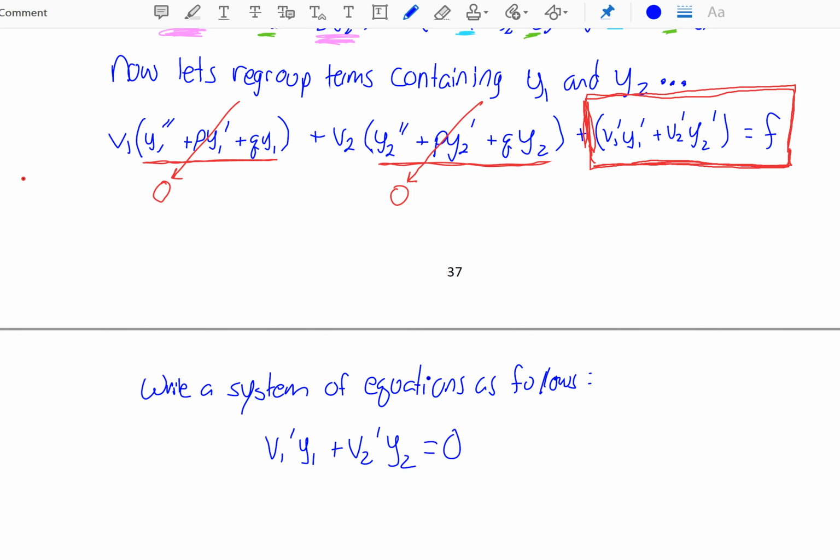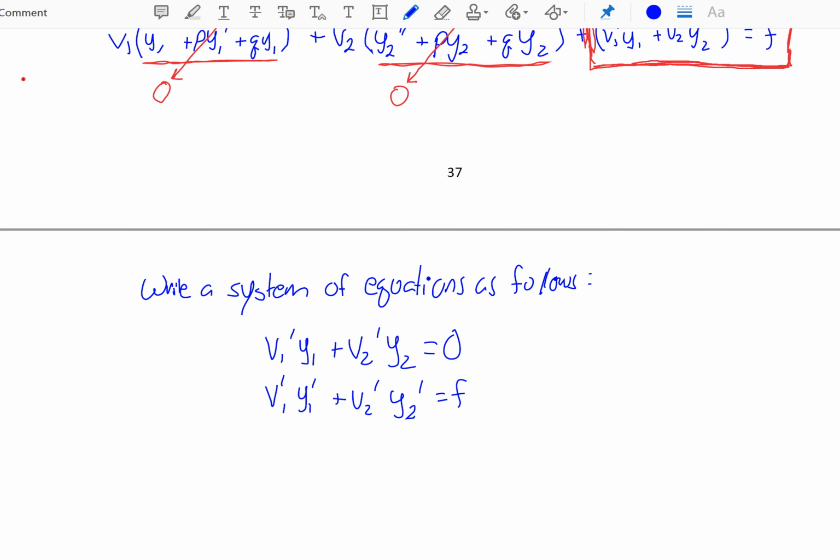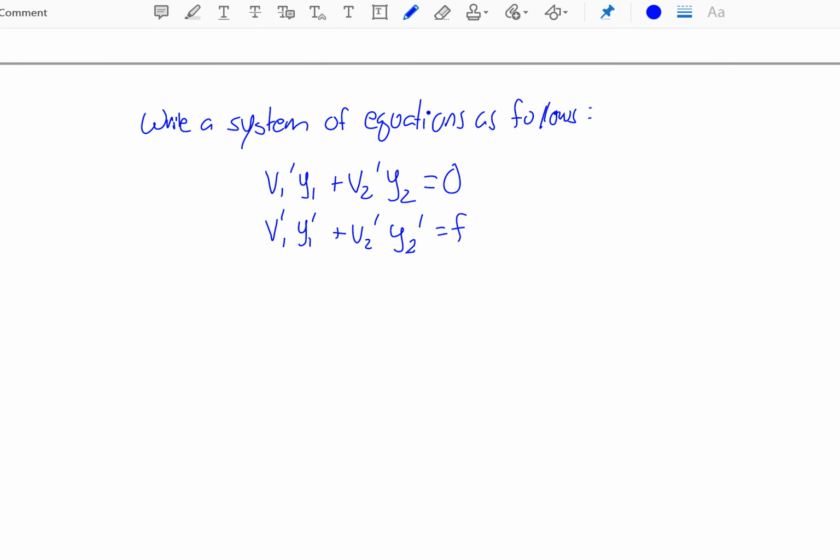And from our second one, we had v1 prime y1 prime plus v2 prime y2 prime, and this had to equal f. As a matrix equation of the form Ax equals b.